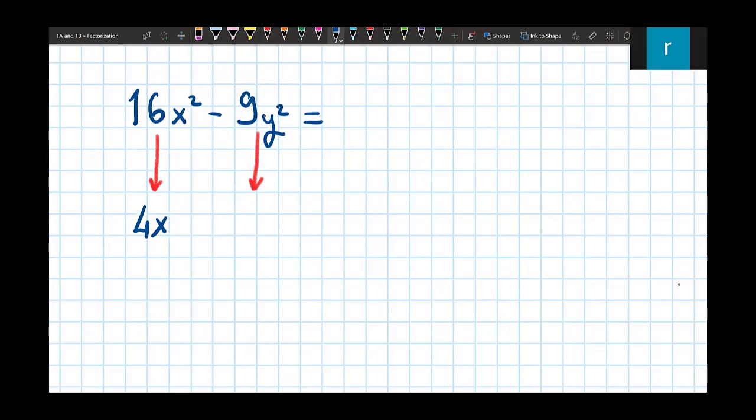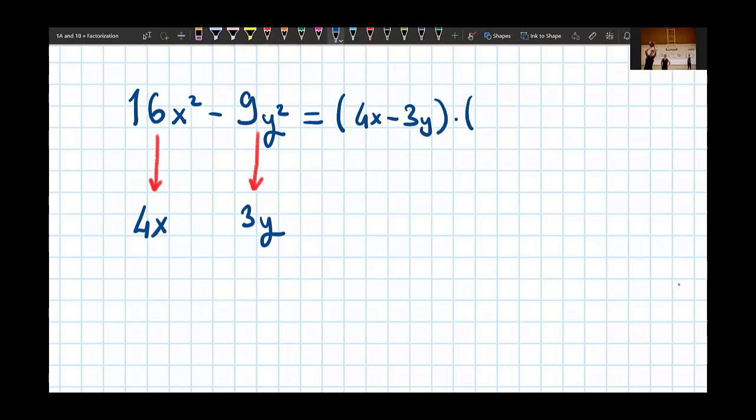And the second one is 3y. Yes, wonderful. Then we have 4x minus 3y, times 4x plus 3y. Yes, that's it.